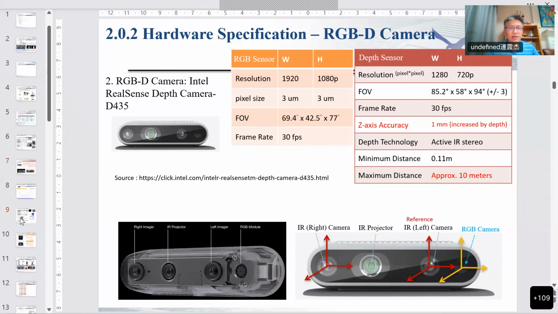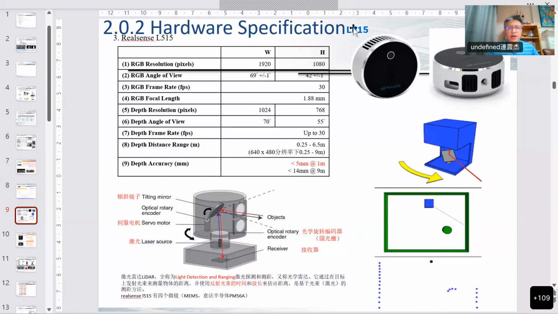And the other one is L515, but this no longer exists. Intel told me they don't want to sell it again. I don't know why. But this is similar to the iPhone. The iPhone uses a similar one, like a LiDAR.